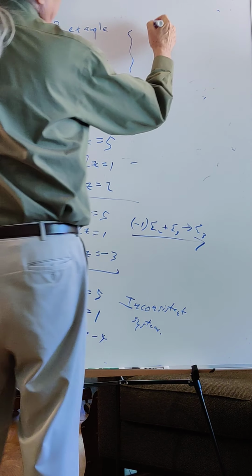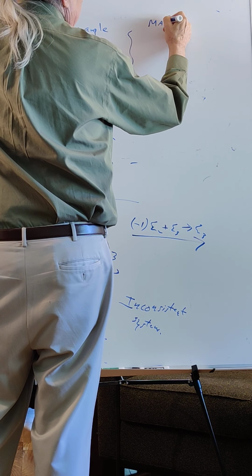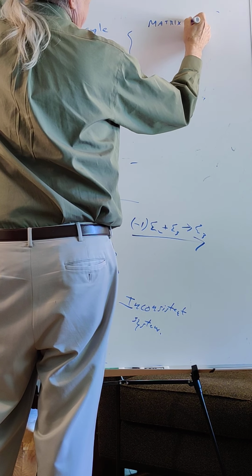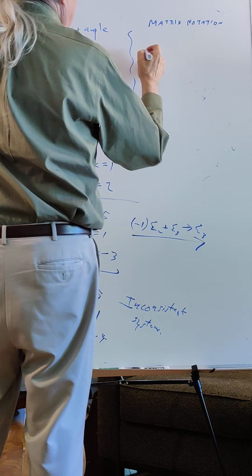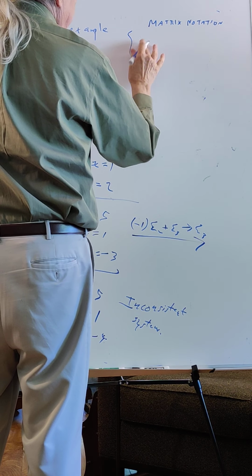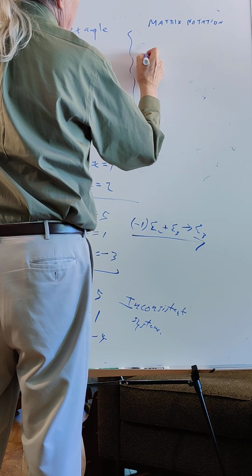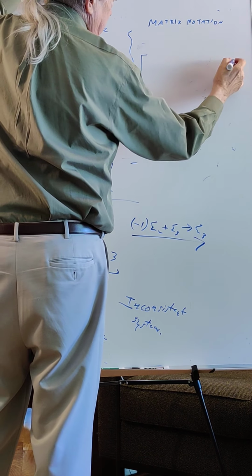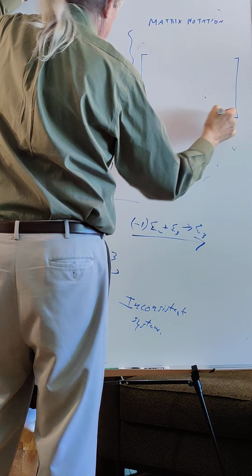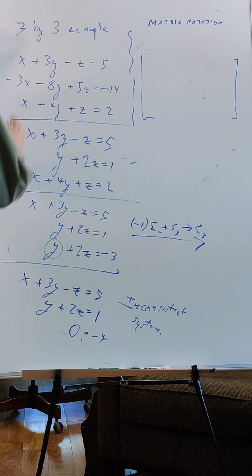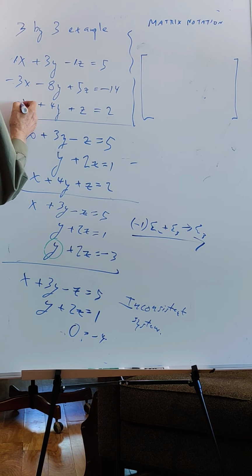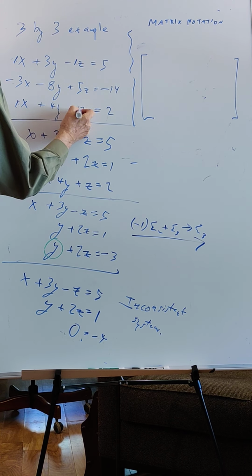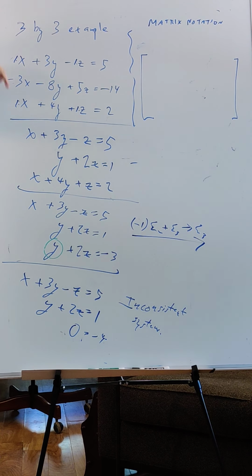The idea of matrix notation is that all you have to do when you work a problem with Gauss-Jordan elimination is remember what these coefficients are and these constants are.